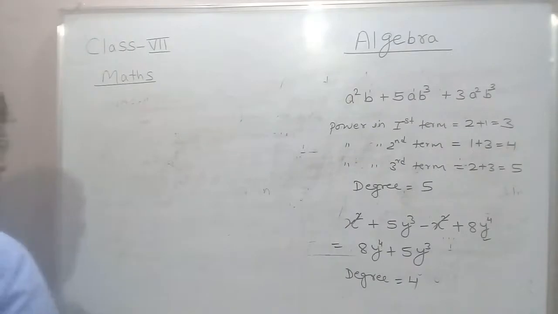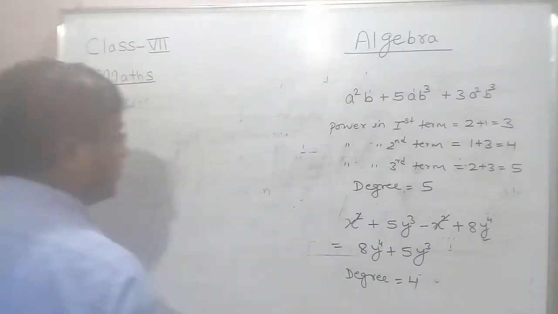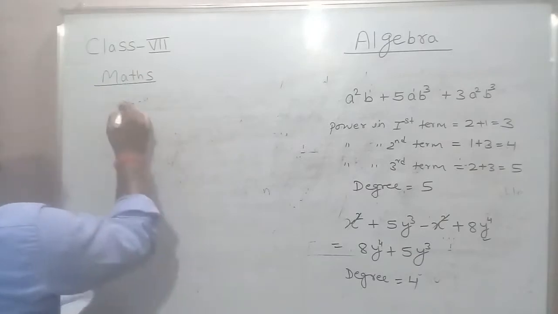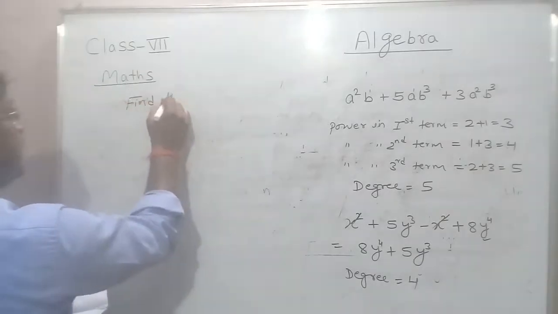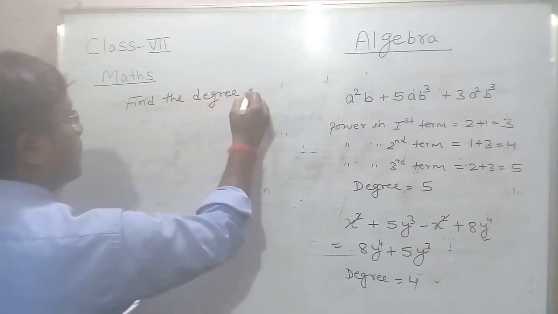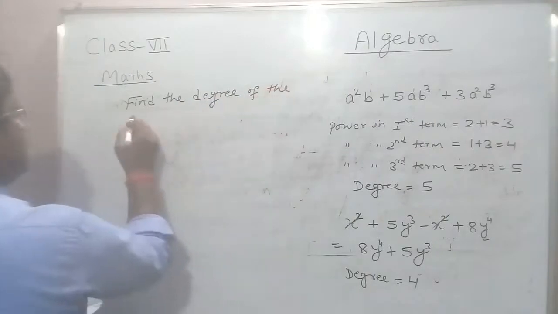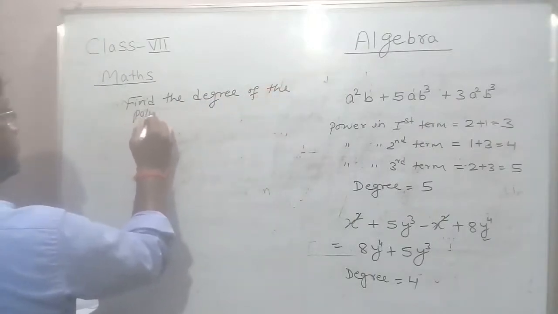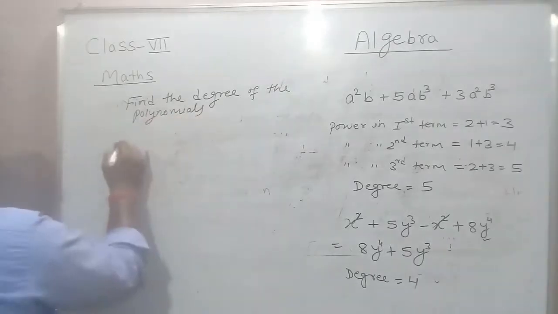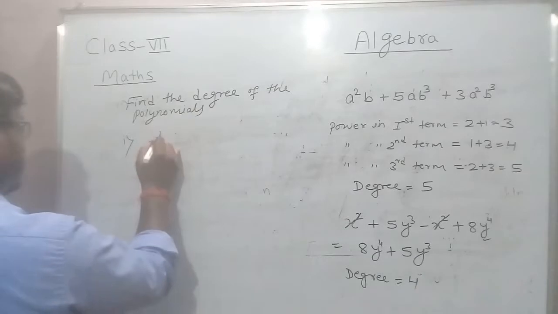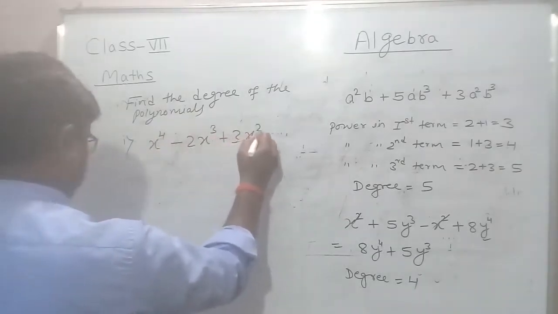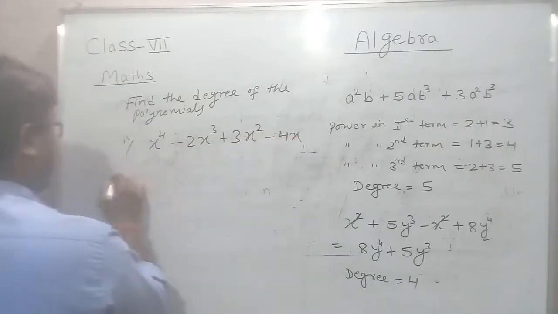Now based on this example I will give you some questions. Please try them. Your task is to find the degree of the polynomials. First question: 2x cube plus 3x square minus 4x.